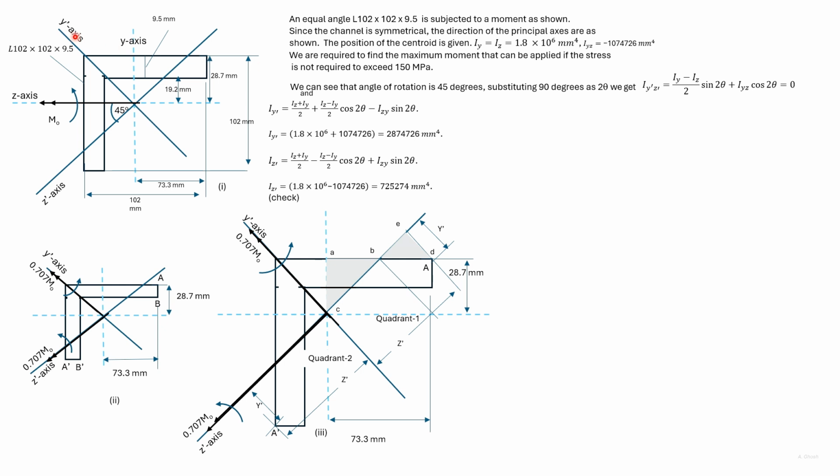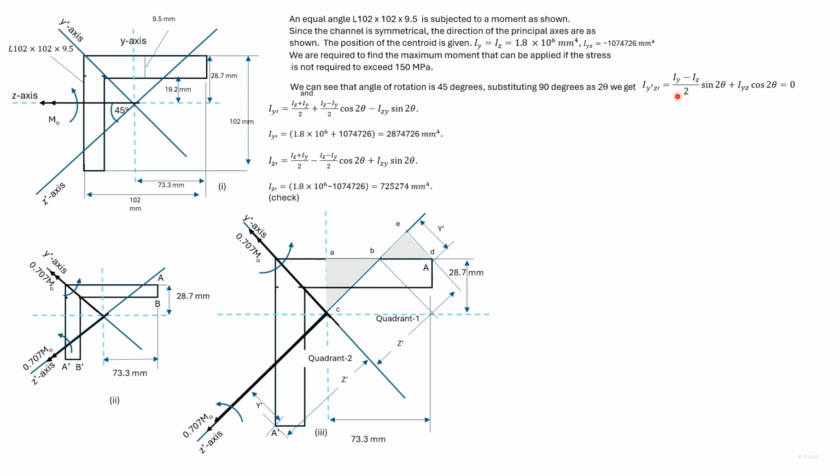So this y dash axis and this z dash axis, which is perpendicular to it and runs through the centroid, are the principal centroidal axes. We attain the y dash axis by a 45-degree rotation from the y axis. The fact that the product of inertia about the y dash axis is zero can be seen from this equation.